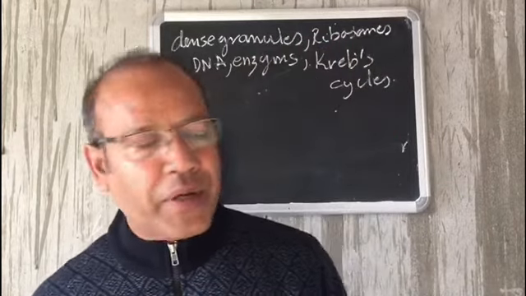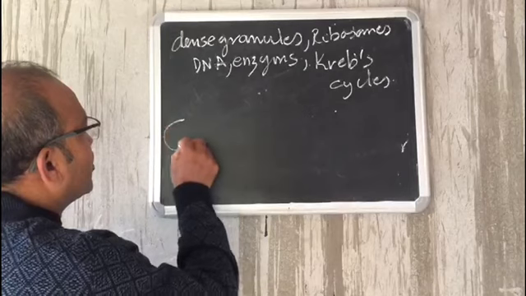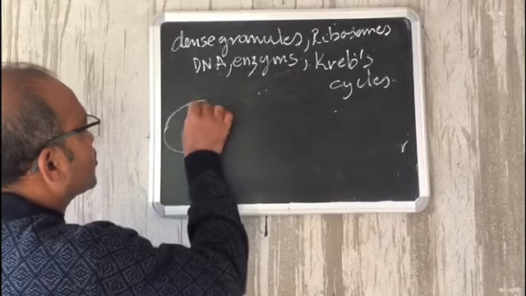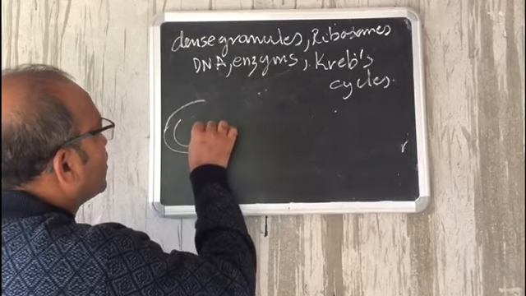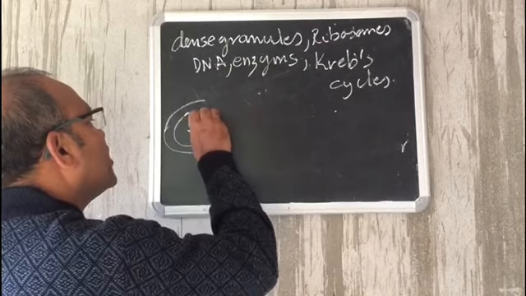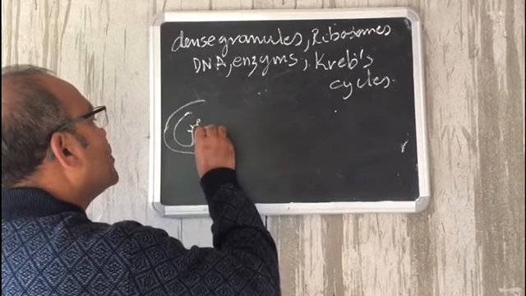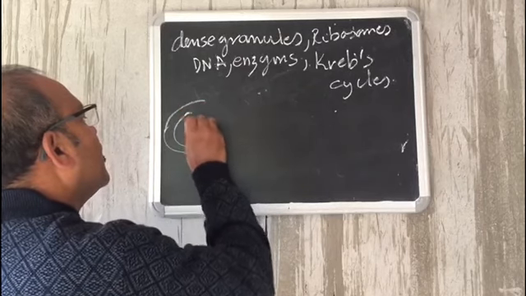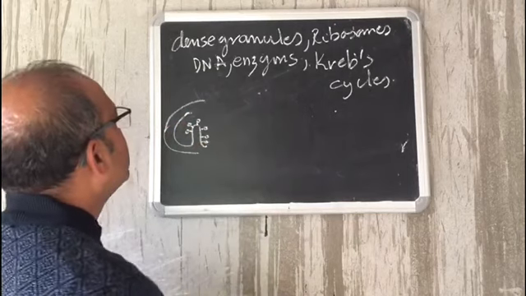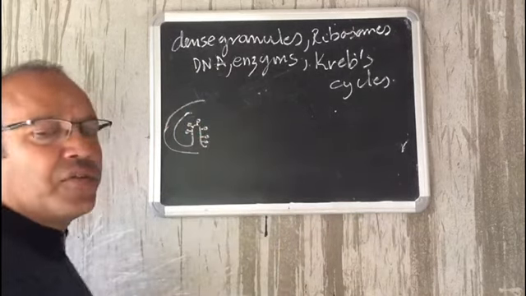The mitochondrial particles that we were talking about: let's draw a small portion of the inner membrane. The inner membrane, which is thrown out into folds, has a number of particles in it, which have a spherical head and a cylindrical column or stem, then a rectangular base.